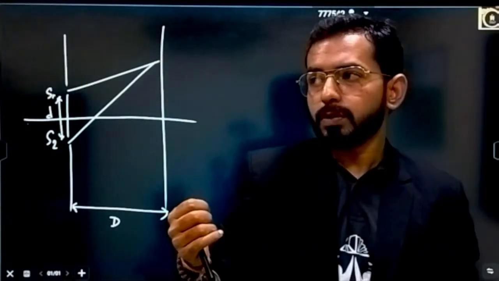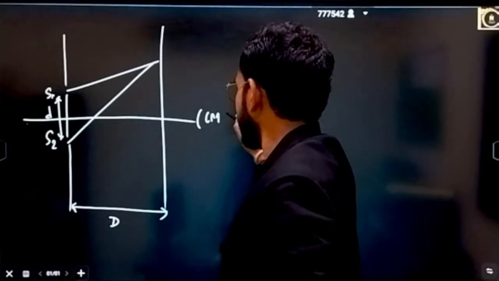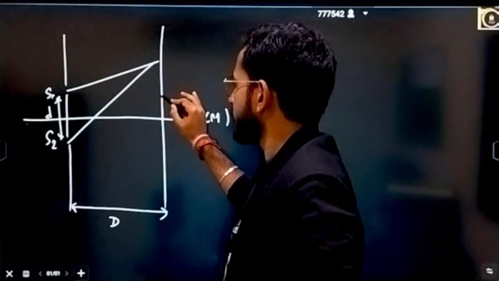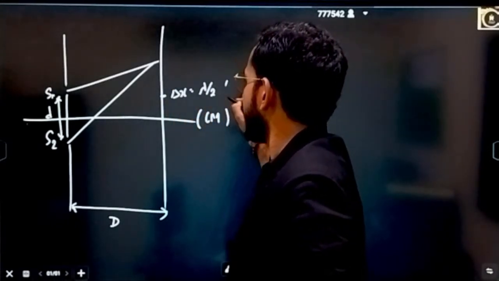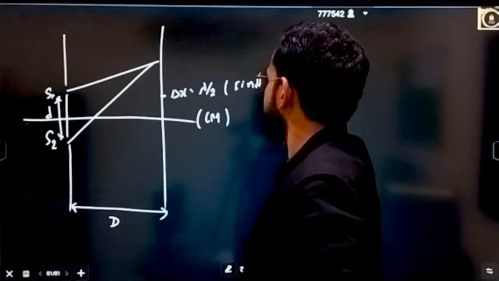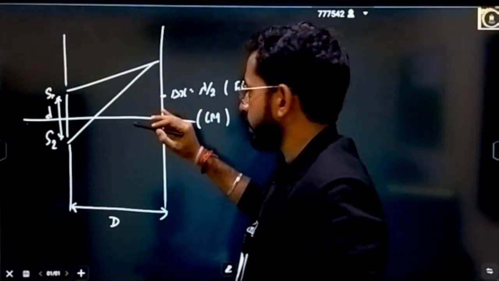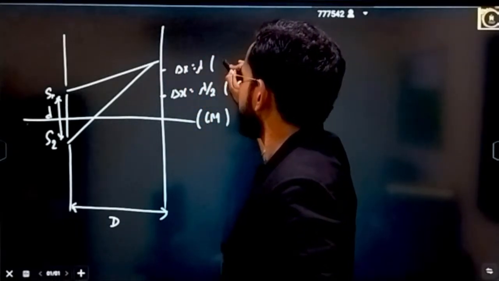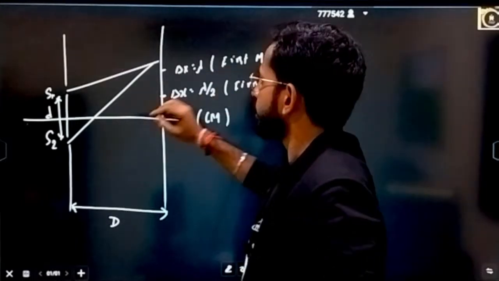If path difference is going to be zero, we have named this position as central maxima. Then we observed path difference equal to lambda by 2, and we have named this point as first minima. We have generated all the conditions of maxima and minima. Then we got some point where path difference is equal to lambda. It was first maxima.